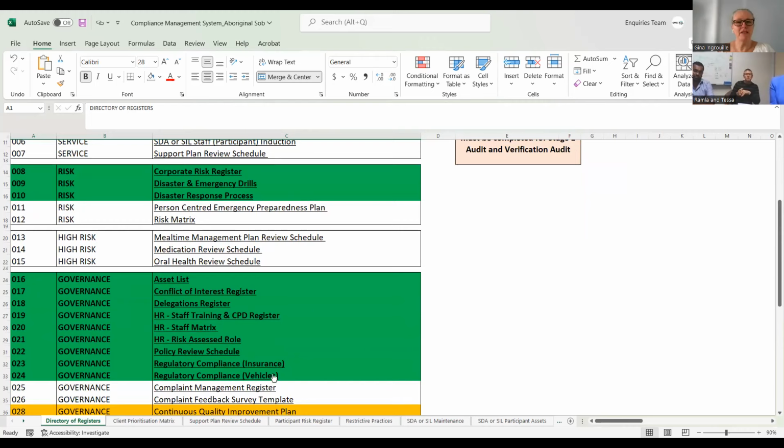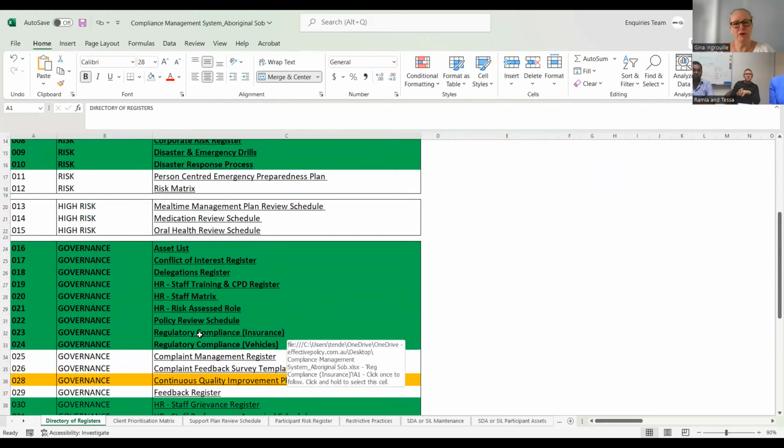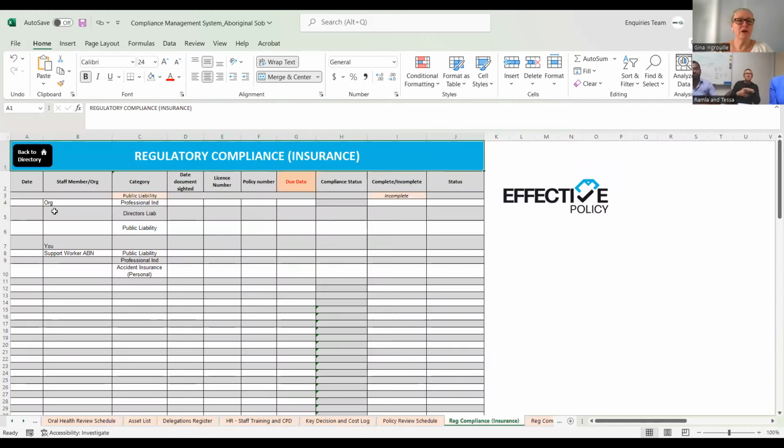Okay, so I've separated the regulatory compliance monitoring. Now, you may have a software that does this one for you. If you do, you don't need to repeat it. But if it can't give you the monitoring oversight that you really need, then use it. So regulatory compliance for insurances. So you'd already have these. I'm sure you've got a not-for-profit package, which will include public liability, professional indemnity.